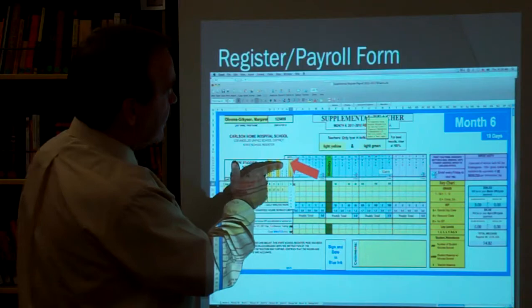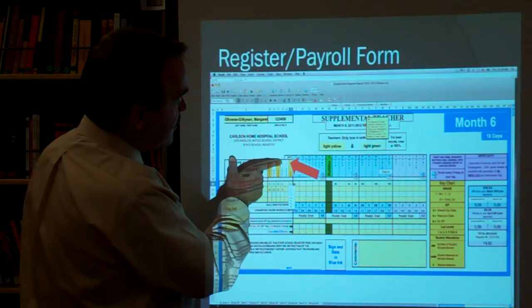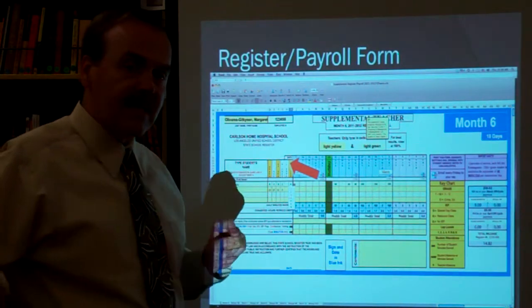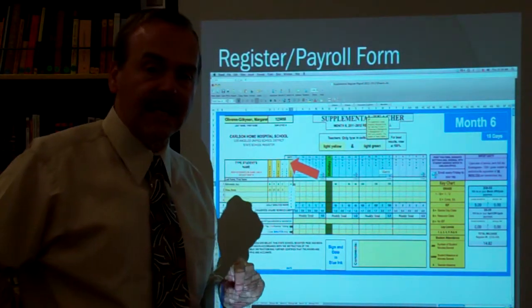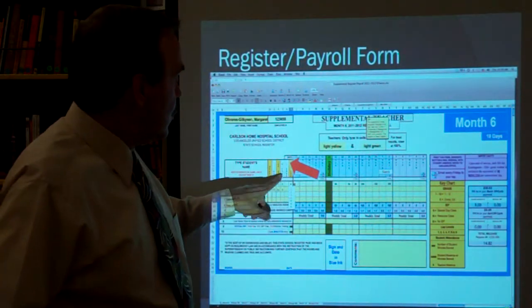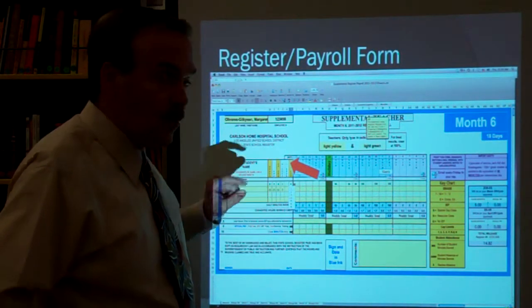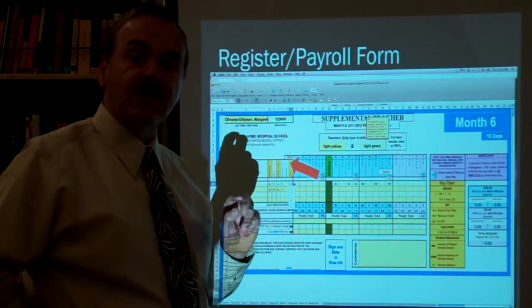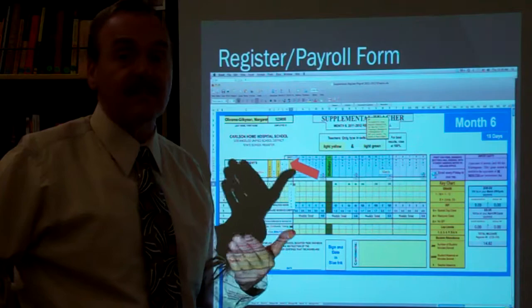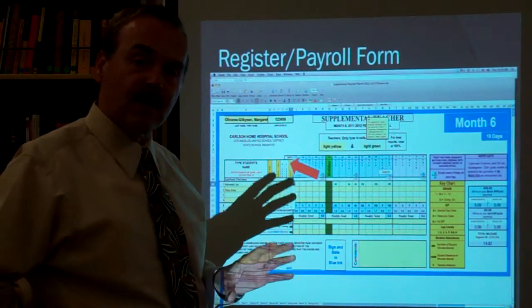Okay, over here, here's where you have the E codes and L codes. What you need to do over here is that if the student is E-ing in on month 6, then you put the E code over here. Most of our students are E2s. Sometimes they're E3s, sometimes they're E4s, but most of them are E2s.